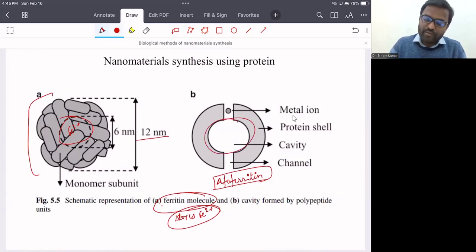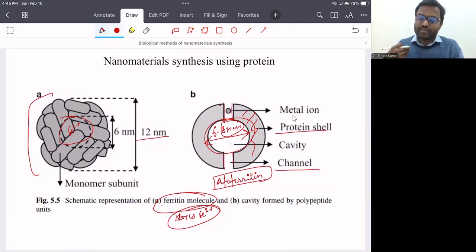We will get this cavity, and that is from 6 to 8 nanometer. It depends. For the human ferritin, the size of that cavity is close to 8 nanometer, and in some other organisms, the size may be 5 to 6 nanometer. So here, this portion is the protein shell. This is the cavity, we can say, and these are the channels through which the metal ion can enter inside the cavity.